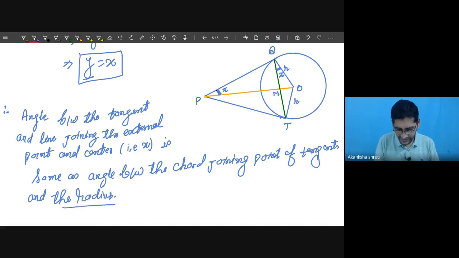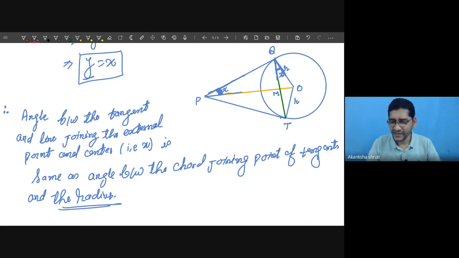Are you getting? It simply means whatever angle is taken between this tangent and the line joining the external point to the center is the same as the angle between this chord joining the points of tangent and the radius.